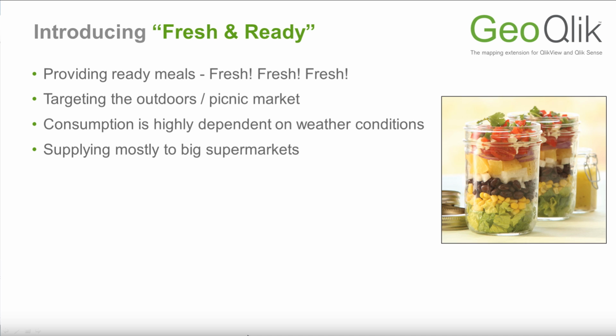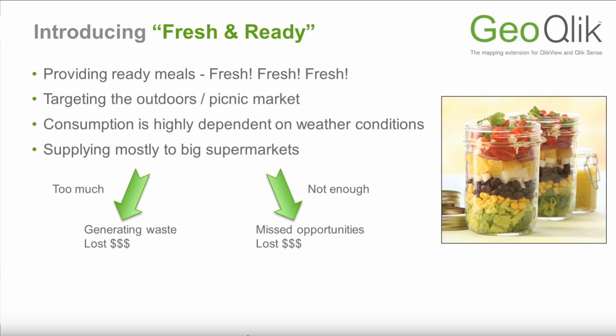As we supply mostly to supermarkets, the risk is to either supply too much, which generates waste, or to not supply enough, which means losing business. In both cases, we're losing money, and in both cases, supermarkets tend to negotiate prices.